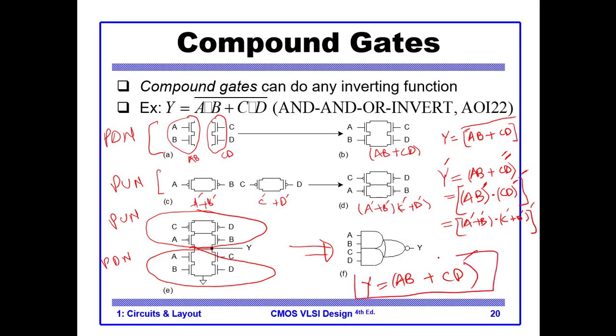So this is our whole compound gate. This is the design principle for building CMOS compound gates. Always the procedure is the same: design the pull down, design the pull up, connect the pull up to VCC, connect the pull down to ground, and you get your function implemented.